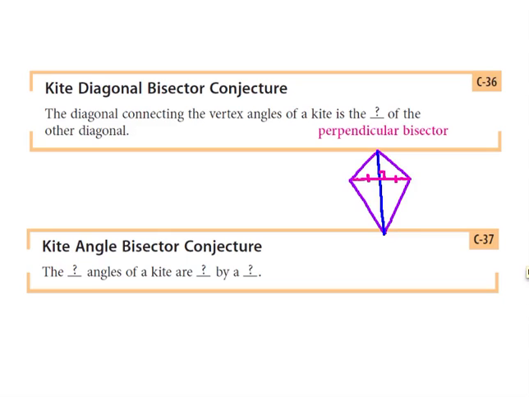So let's look at the next statement. The vertex angles of a kite are bisected by a diagonal. So essentially, what that tells you is that those two are the same, and these two are the same.